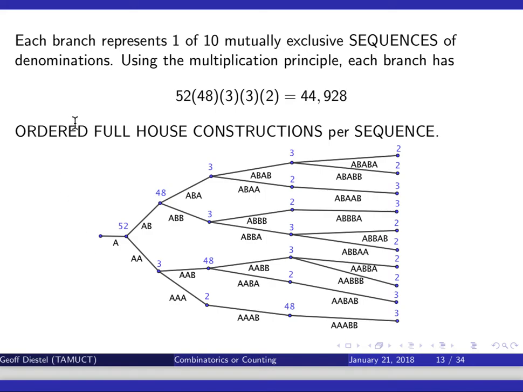So what I'm going to call this is the sequence of letters A, B that we see, a sequence of the denominations that we see in order. And there's 10 different branches, so 10 mutually exclusive sequences that we would see. But again, each branch is just a multiplication of these numbers.